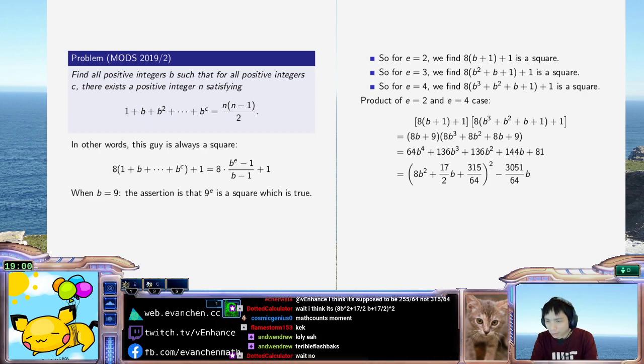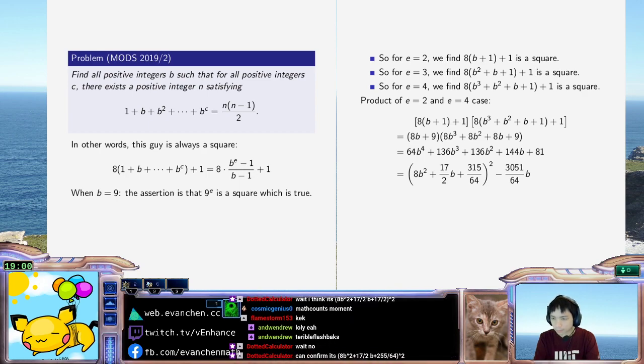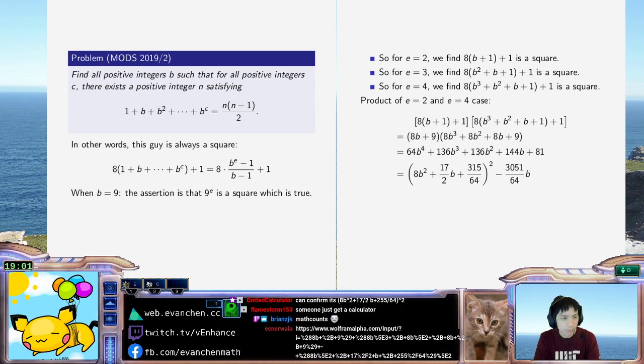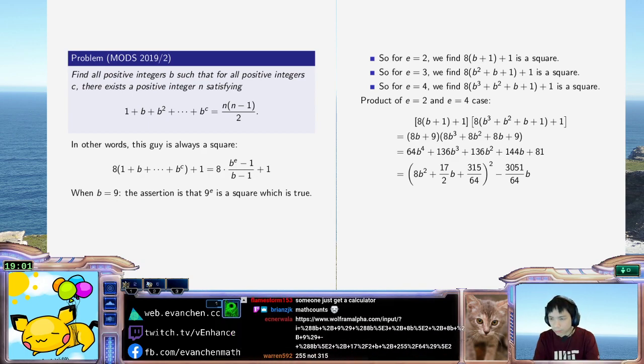Did I screw up? Okay, okay. 17 halves, you claim is correct. The problem is the b squared... I'm just gonna write 81 minus (315 over 64) squared. Is it 255?